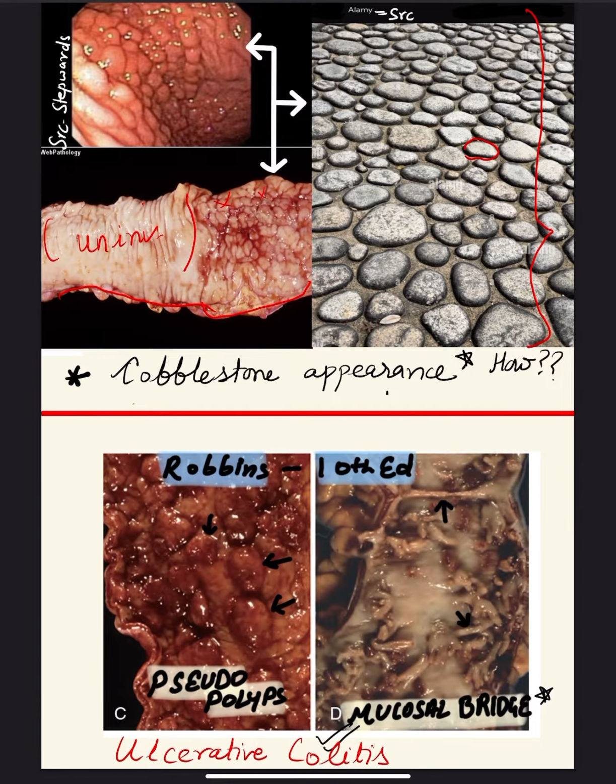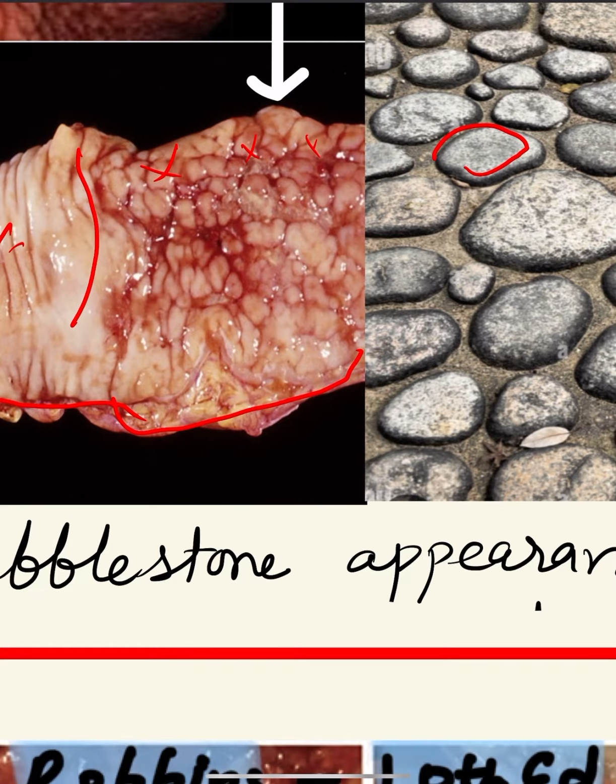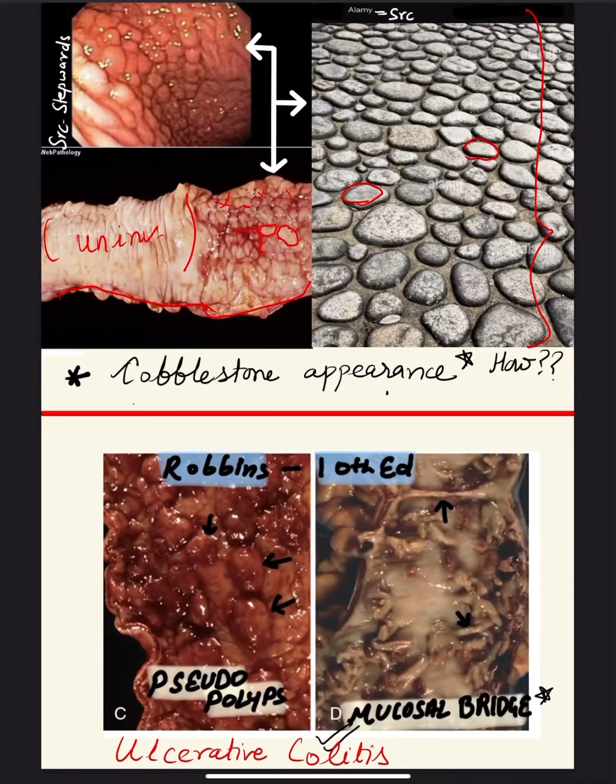In this involved area you can see, just like cobblestone, elevated edematous areas, and in between are the ulcerated areas. You can see these red lines, these are all the ulcers, and in between there is the edematous mucosa. This is the cobblestone appearance.